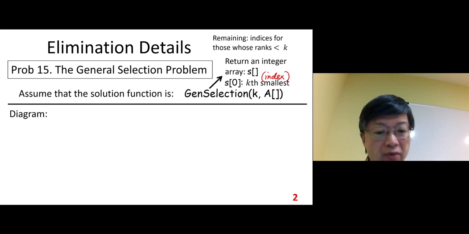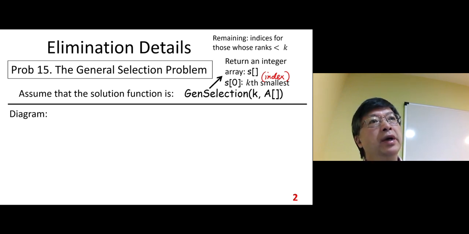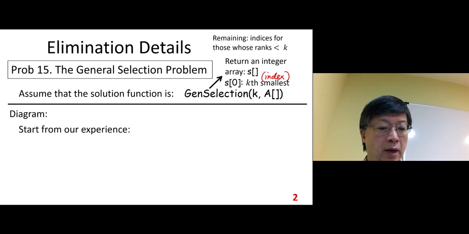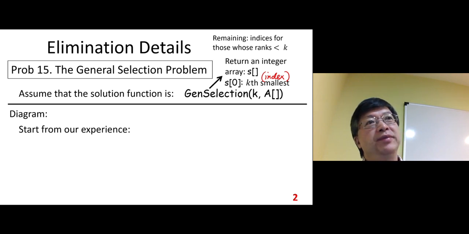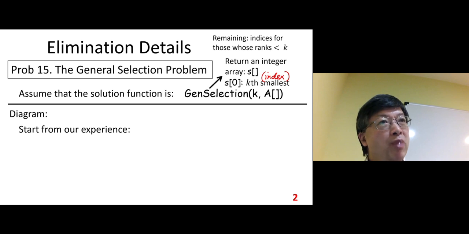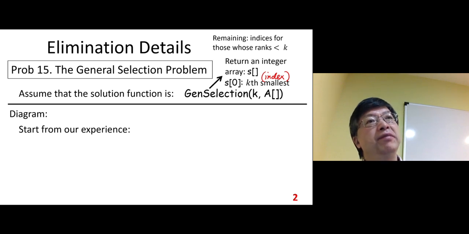Let's draw a diagram to see how we find that critical partition element. We start from our experience. In problem solving, experience is extremely important. What experience do we have related to the median problem?